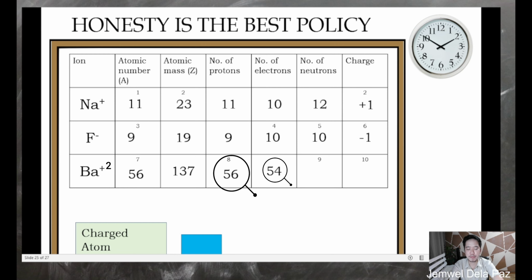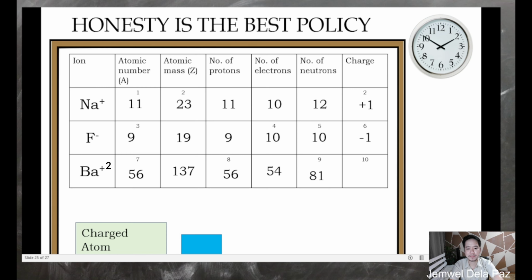The number of protons is 56 and the number of electrons is 54. There are 2 electrons discrepancy. How about the number of neutrons? All you have to do is subtract the atomic mass by the number of its protons. 137 subtracted by 56 is equal to 81.